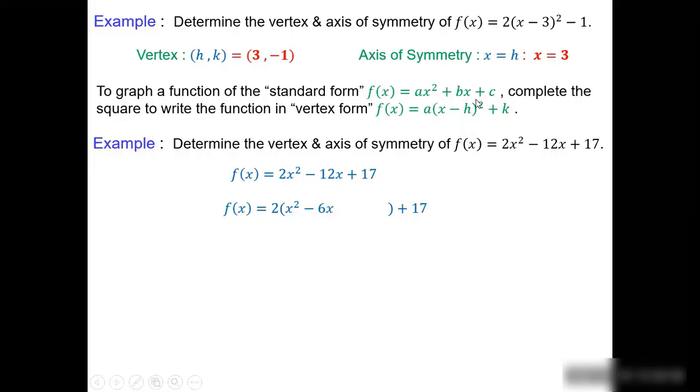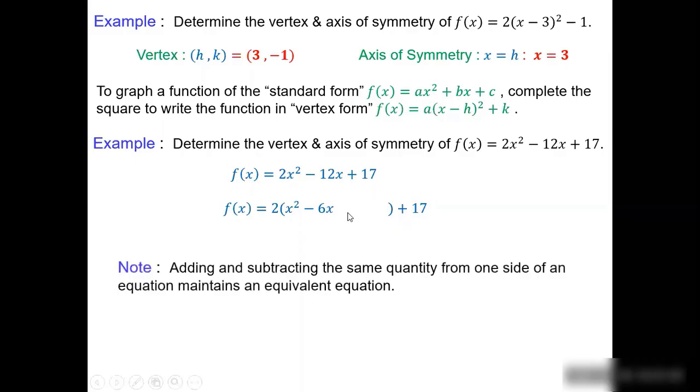The only difference is we have to somehow get this (x minus h) quantity squared. So the method we would take here is that we need to add some constant onto this -6x so that it's going to become factorable. And not only that it becomes factorable, but that it could factor into the same factor twice, which is what (x minus h) quantity squared means.